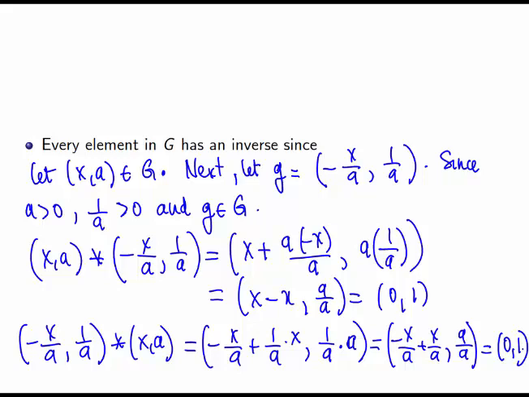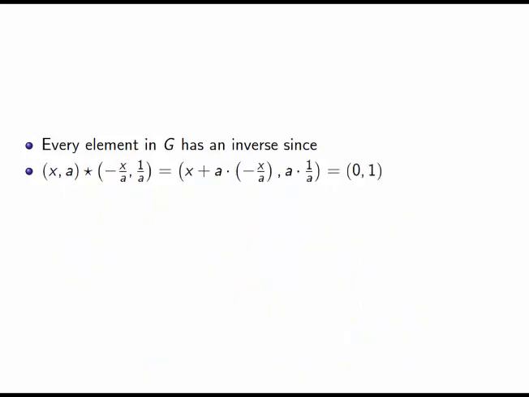So this tells us that g is in fact the inverse of (x, a). So we verify this. Every element has an inverse because of these two operations that we verified. Okay.